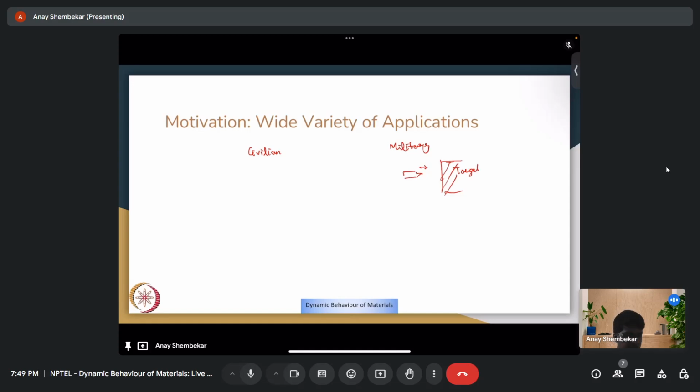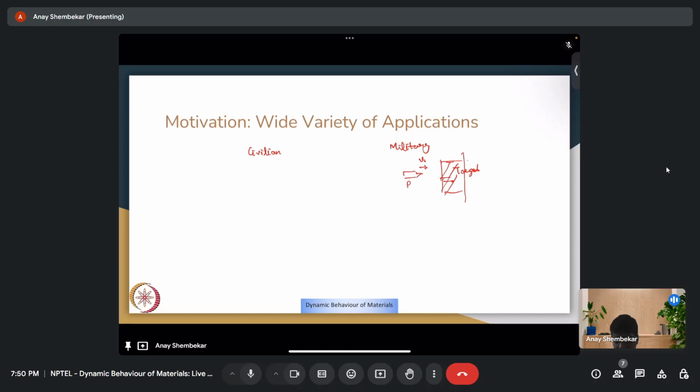If you are the one firing the projectile, then you are interested in how much the bullet penetrates this target. If you are the target defending some important equipment, then you are interested in stopping the penetration or stopping the amount of energy being transferred into the target.